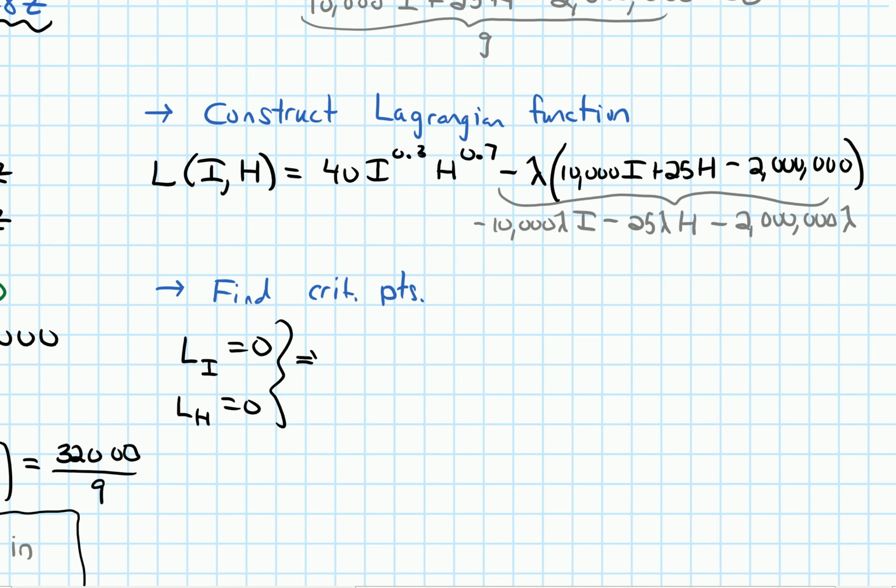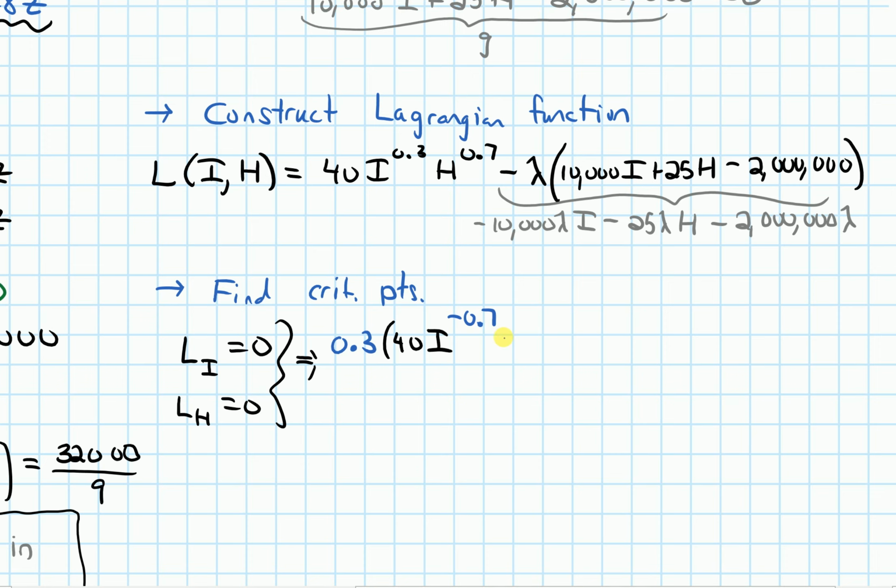If I do it with respect to I first, I do the power rule for this I to the 0.3. That 0.3 comes down in front, and I get that times 40 I to the, when I subtract 1 from 0.3, a negative 0.7 for the exponent.